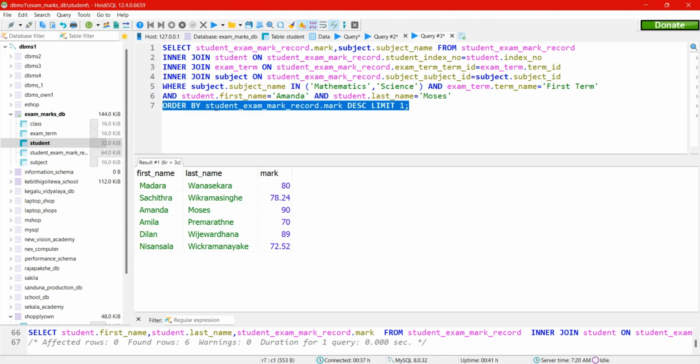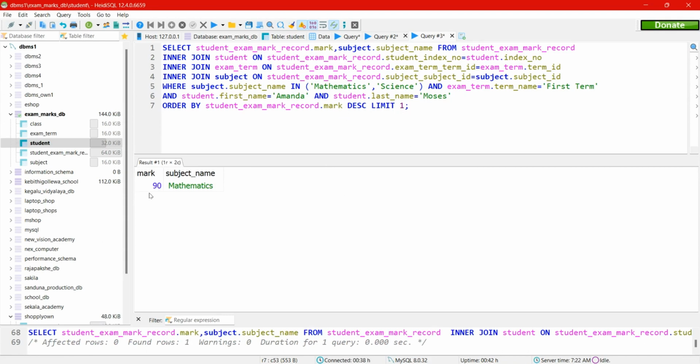We have used an order by keyword to order according to the descending order, and we have given a keyword called limit, and then we have given a number. That means we want to limit the result to 1. For example, if we are getting 10 results, we need only 1 result. This is the query for the fourth question.